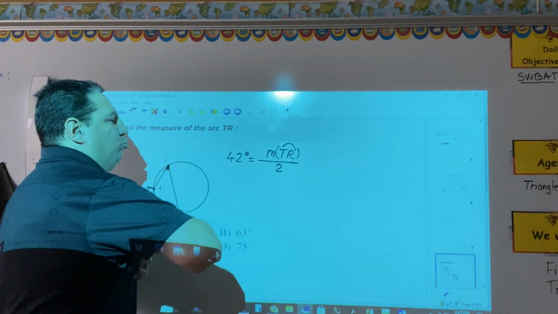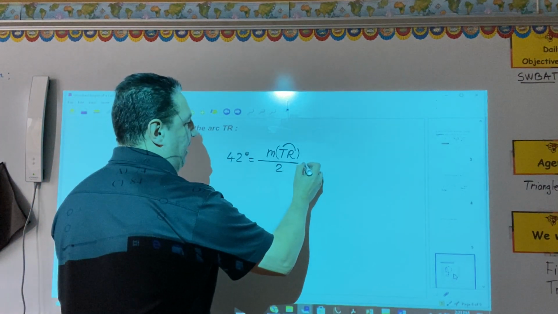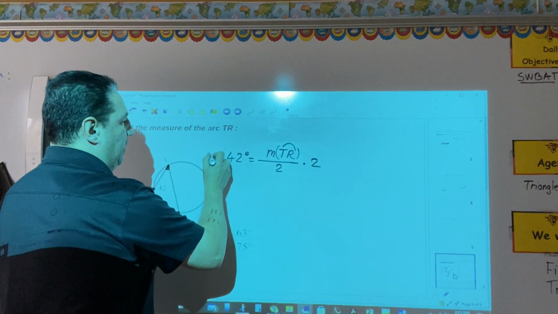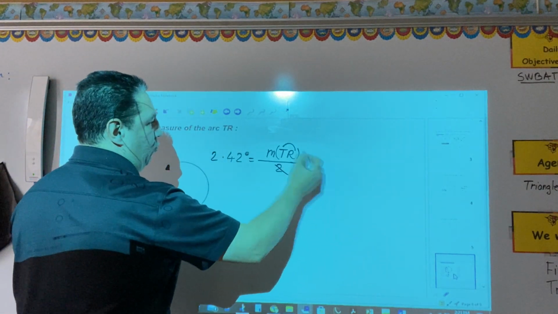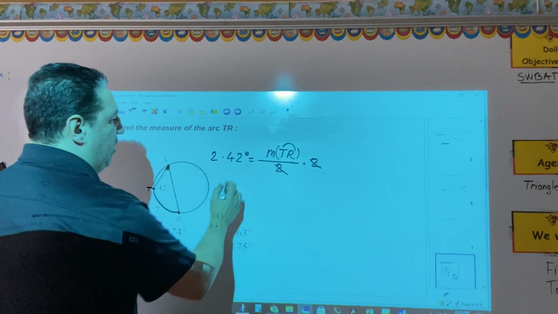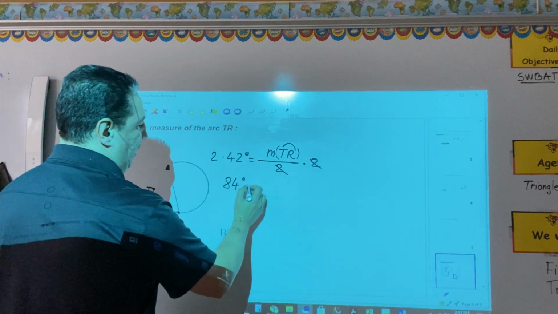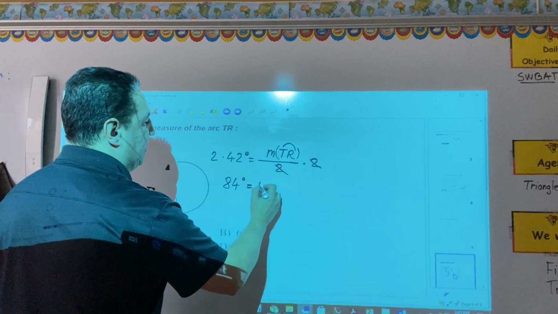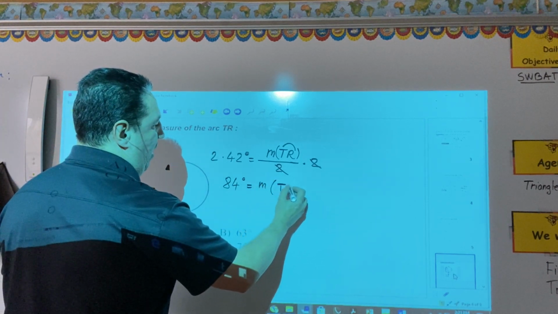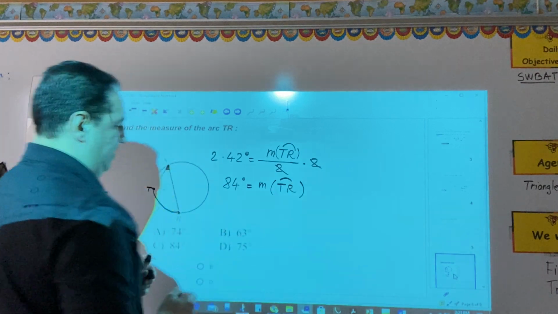So we multiply by 2 on both sides, and 2 and 2 divide out. So we have 84 degrees, because 2 times 42 equals 84, equals the measure of arc TR.